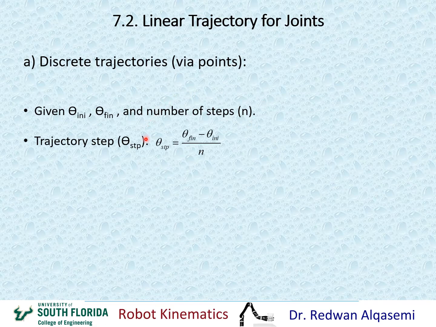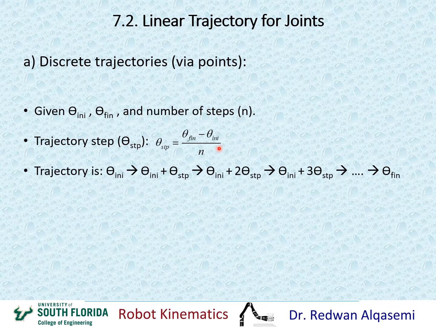And then I will find a theta step, which is basically the final theta minus the initial theta divided by the number of steps. Once I find my step distance or angle, then I can go on to construct my trajectory, starting with theta initial, then going to the next step, which is theta initial plus theta step, and then the next is theta initial plus 2 theta steps, all the way until I reach my final theta.